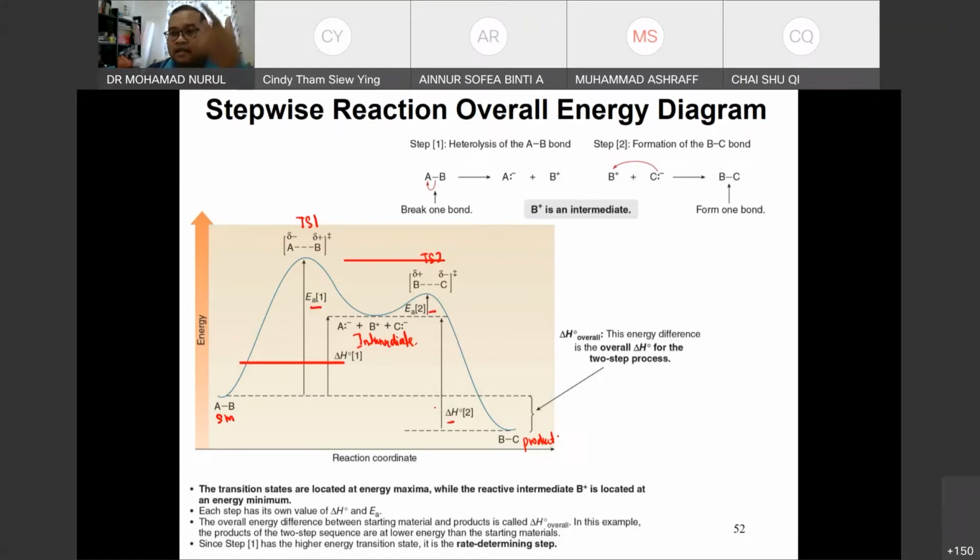And there is another addition if there are two or more steps, which is the delta H overall. Delta H overall is the energy difference for the two-step process, and from this value you can determine whether the reaction is exothermic or endothermic based on whether it is positive or negative.